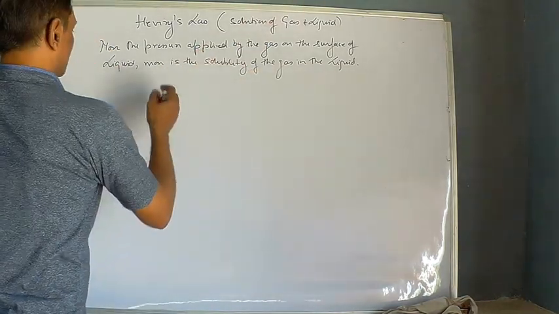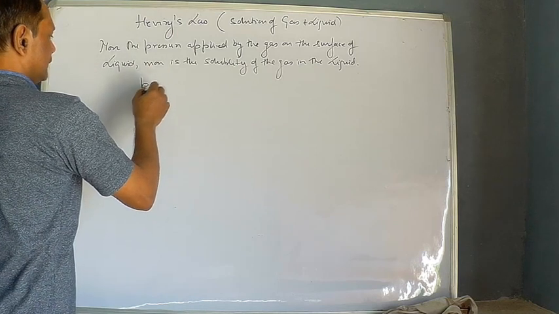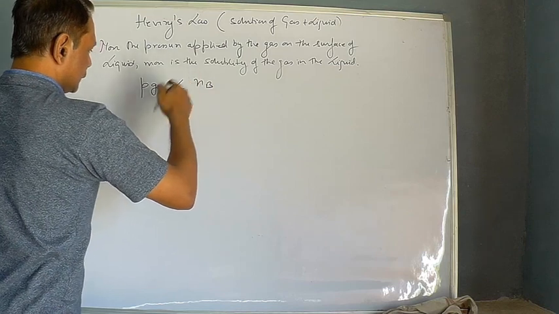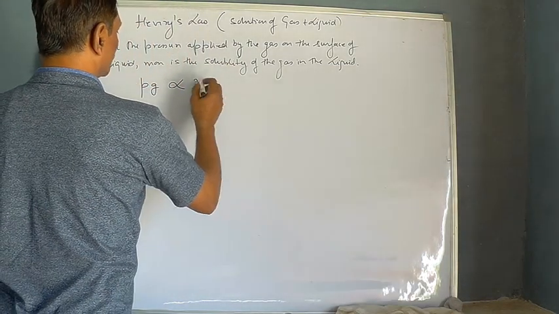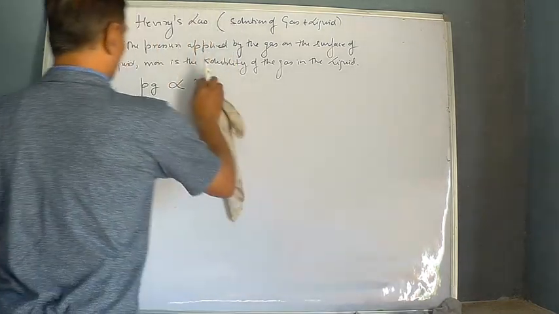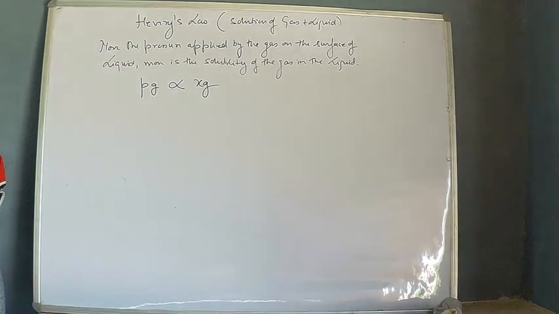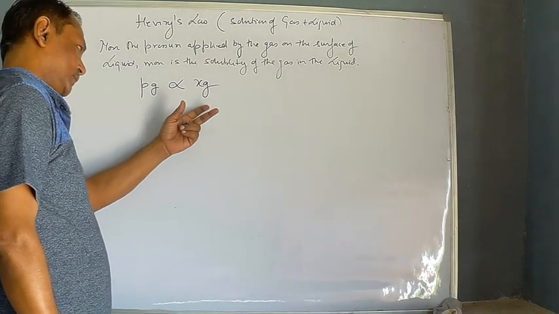So, in the next step, we can find out a formula. It simply says partial pressure of the gas is directly proportional to solubility of the gas, that is, mole fraction of the gas.